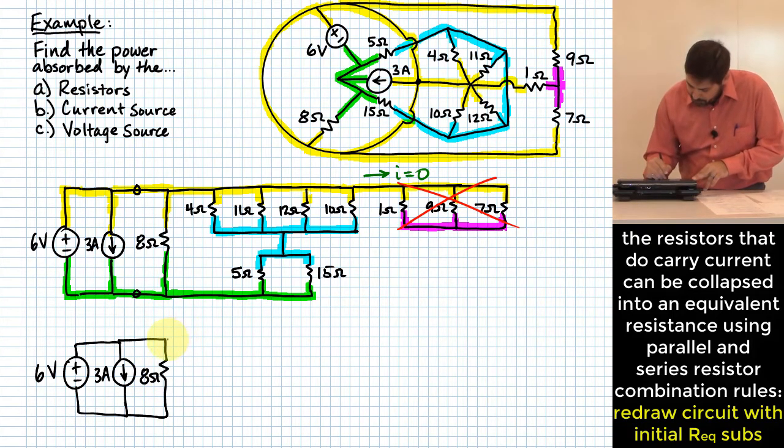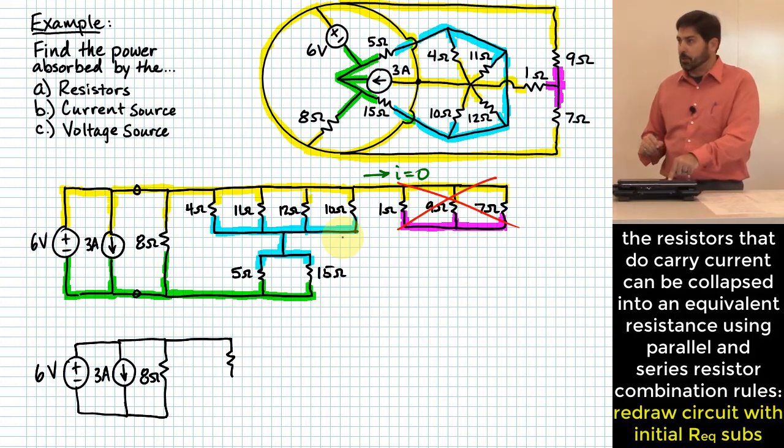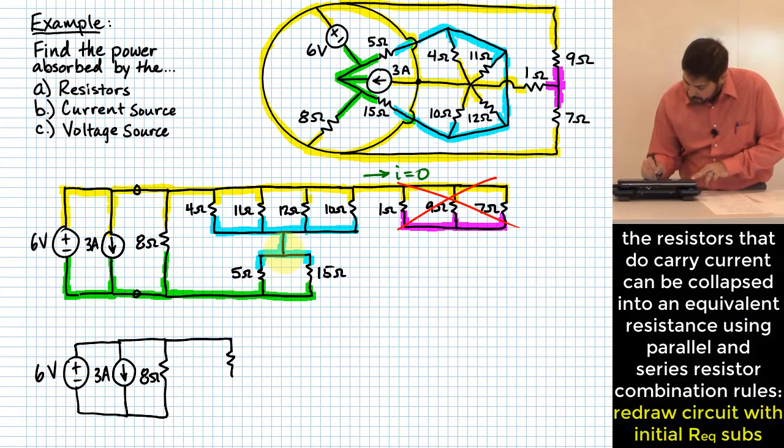And the step that we're about to do, I think, is that we are going to take all of the stuff between the yellow and the aqua and turn that into an equivalent resistance. Do you agree with that? That might be a good step? Okay. Also, I could take everything between the aqua and the green, and I could convert that into another equivalent resistance.